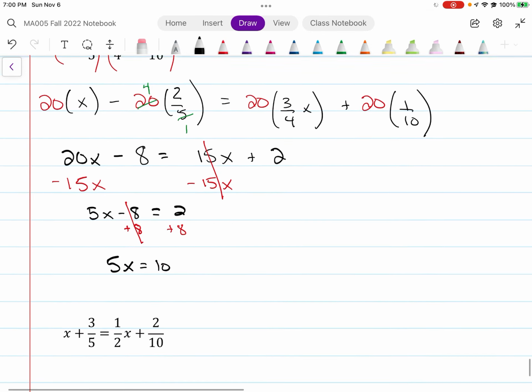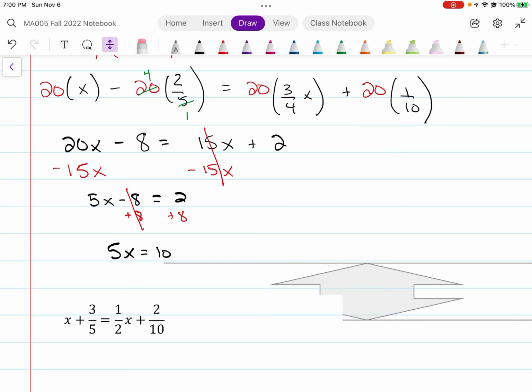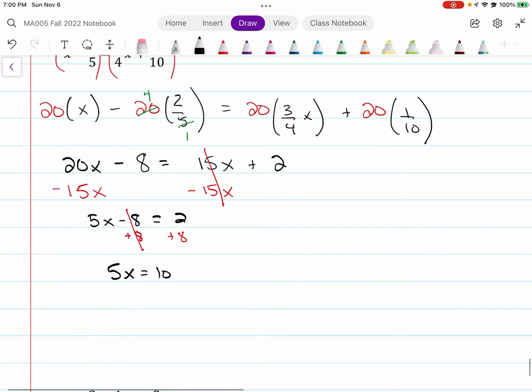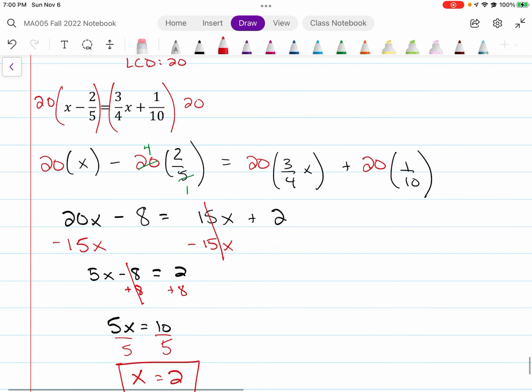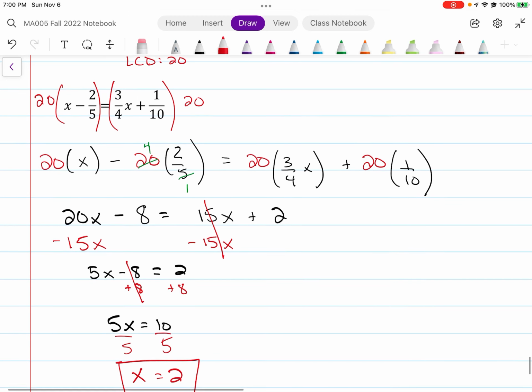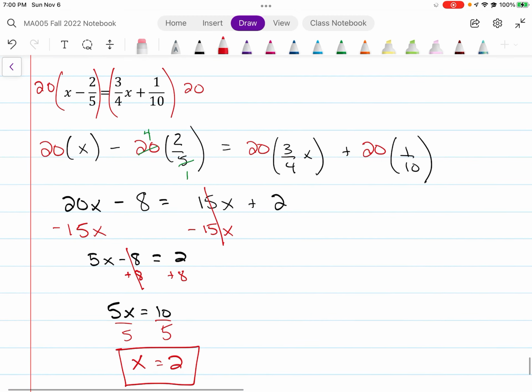And I'm going to give myself a little more room here. And I'm going to divide both sides by 5. And I get x equals 2. Whew. Oh, that was long. But you know, once you've got the fractions gone, it just makes the algebra so much easier.